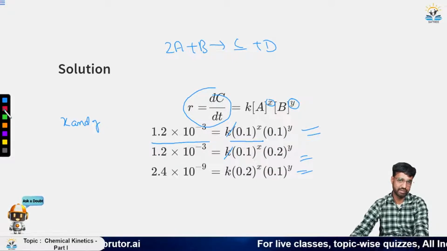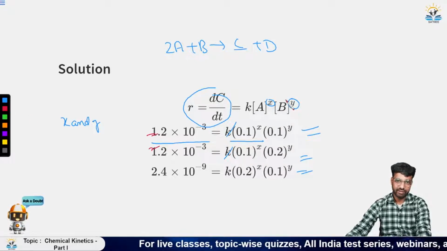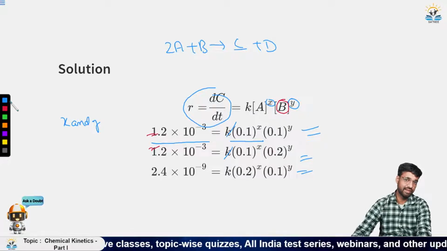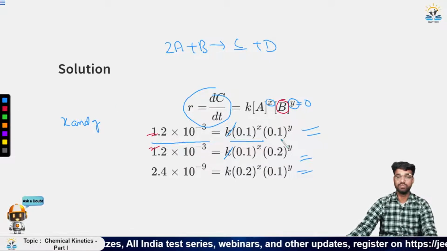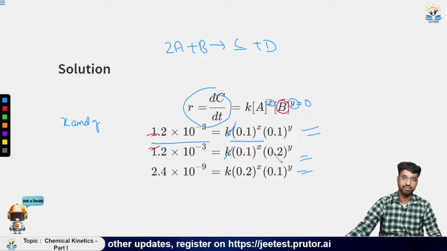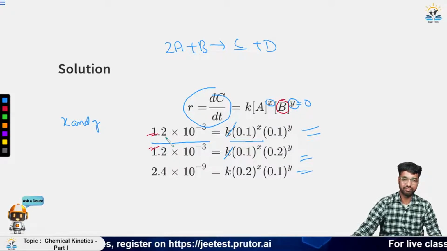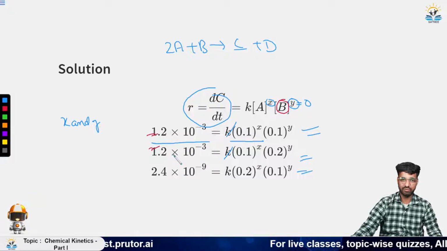It remains constant here. That means the rate of reaction is independent of B, so the value of y is equal to 0. Why? Because if we double the concentration of B from 0.1 to 0.2, there is no net effect on the rate of reaction. It is remaining constant, that is 1.2 into 10 to the power minus 3 and 1.2 into 10 to the power minus 3 only.